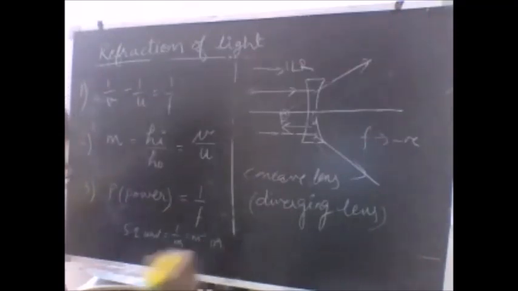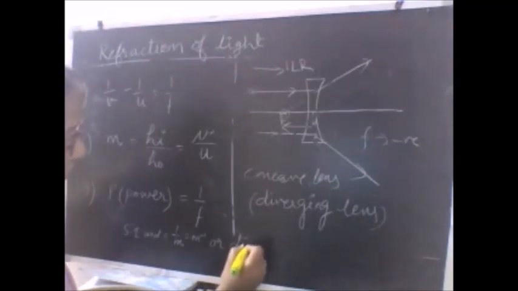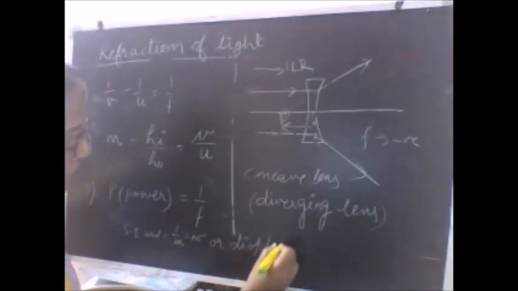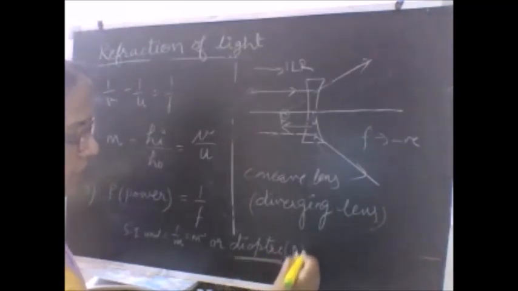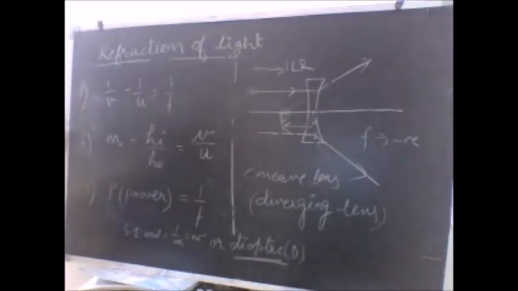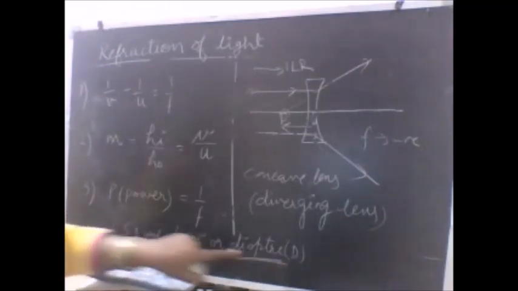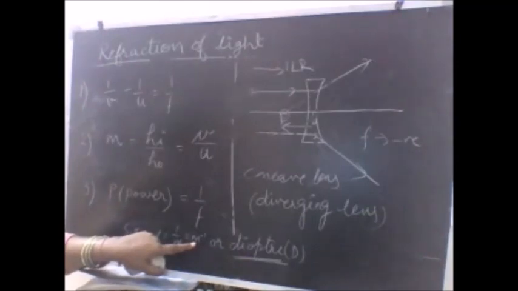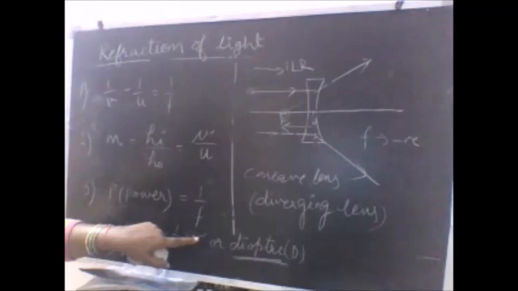The symbol that we use for diopter is capital D. SI unit of power is meter inverse or diopter. So 1 diopter is equal to 1 meter inverse.